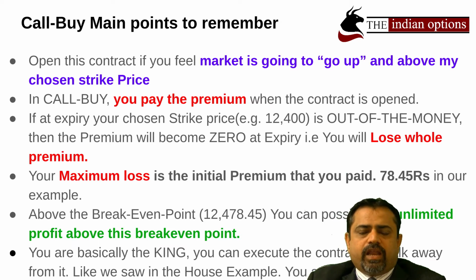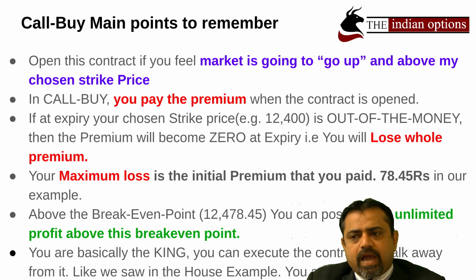If at expiry your chosen strike price is out of the money, meaning the market did not reach 12,400 by expiry, then you are going to lose all your premium, all 78 rupees and 45 paise. But your maximum loss is the initial premium that you have paid, that is 78 rupees 45 paise in our example.